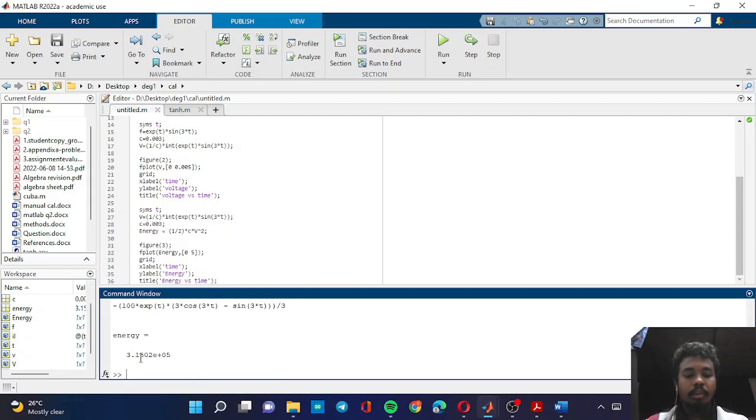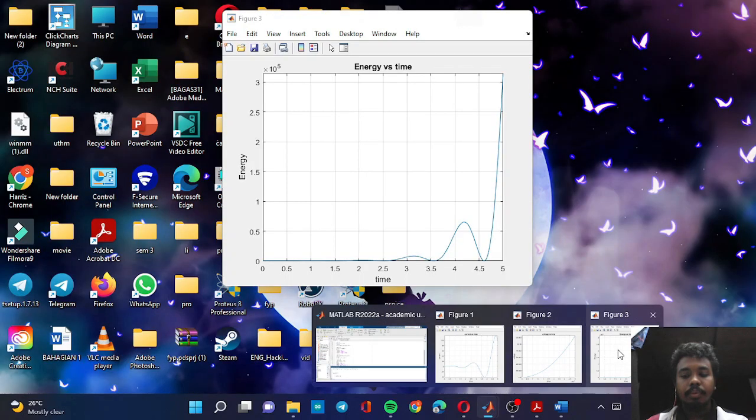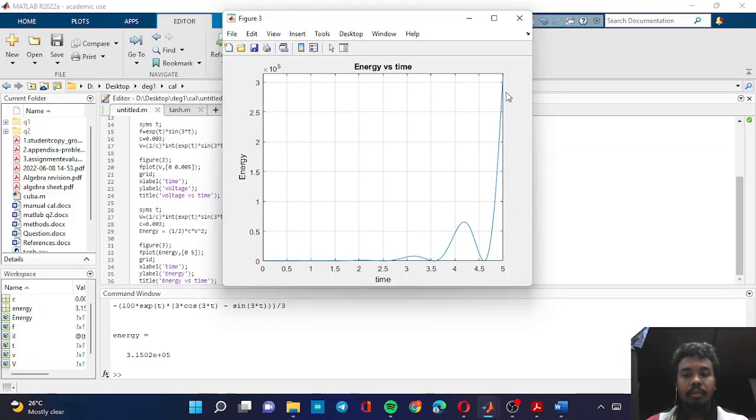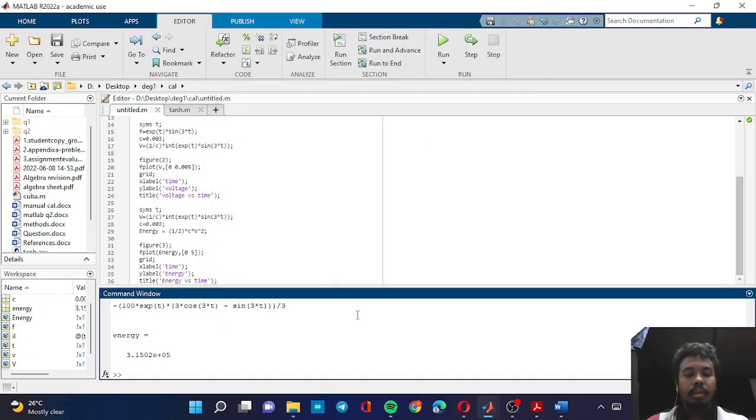It will show you the same output for energy, 3.1502 E plus 05, the same as this here, 315019. So that's all for this part.